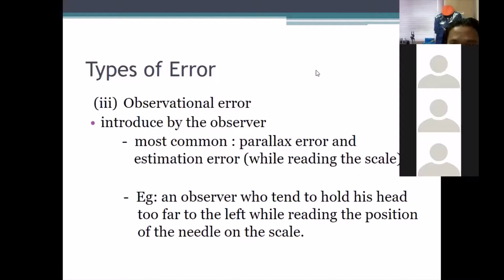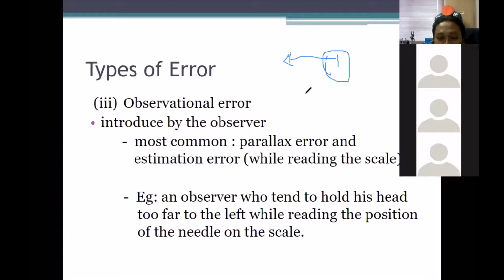For example, this is our scale, and this is our needle. Make sure our eyes are exactly like this. This is our eye, for example, straight to the needle.